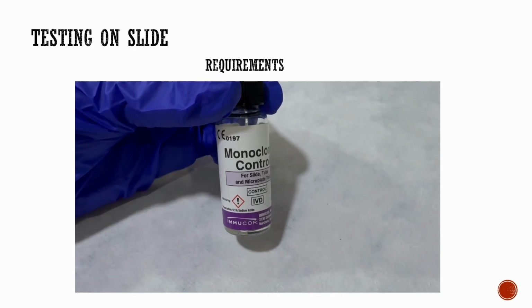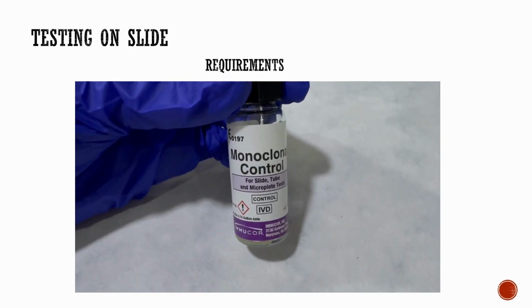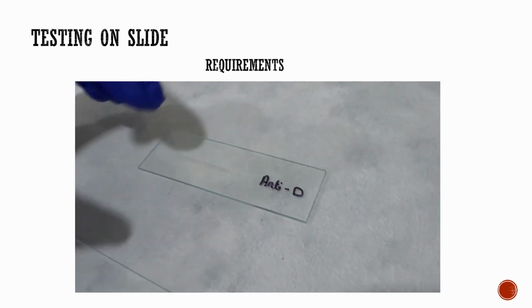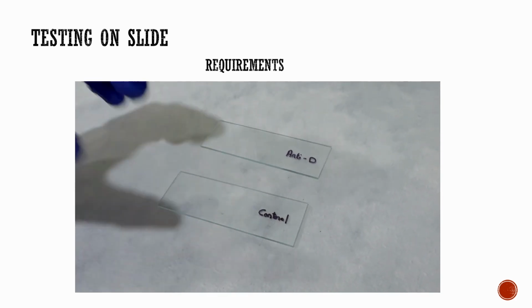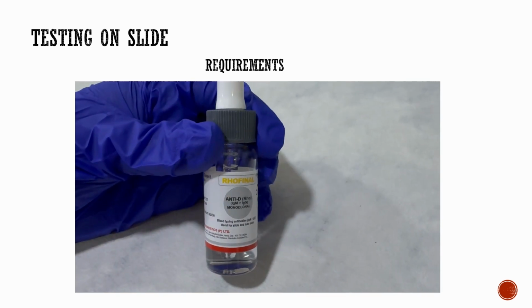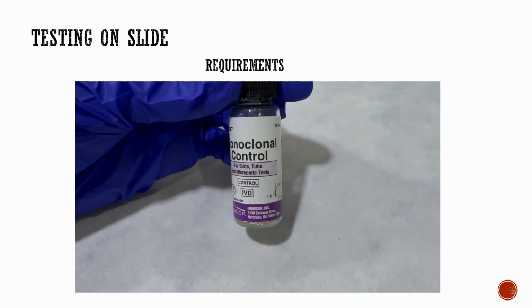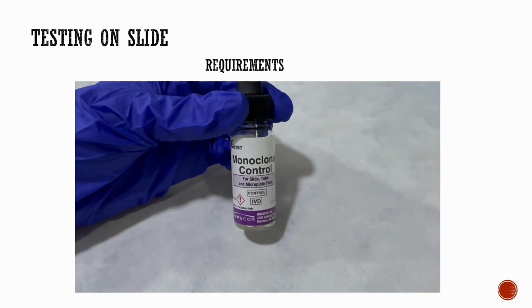These are the requirements we need for testing anti-D on a slide. First, we need a monoclonal anti-D reagent. We also need a monoclonal control that is common for slide, tube and microplate testing. We also have cleaned and labeled slides for anti-D and control.